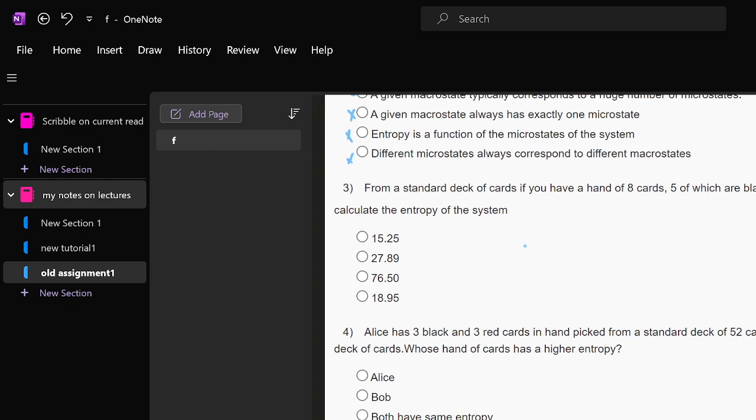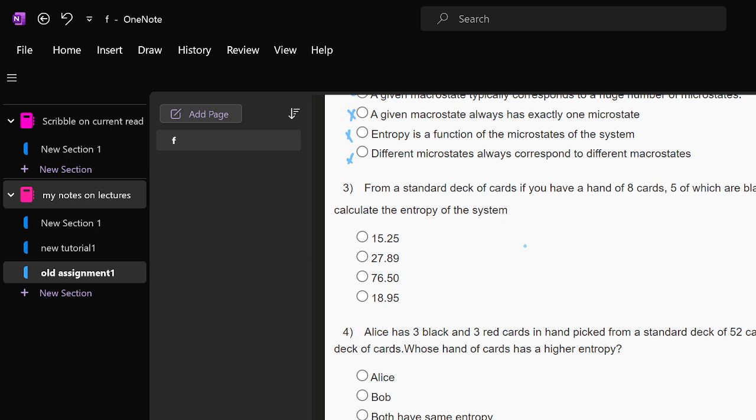So you are given a total deck of cards. You know that in a standard deck there are 52 cards, out of which 26 cards are black in color and the remaining 26 are red. So 26 plus 26, 52 cards in total. And you are given a hand of 8 cards.